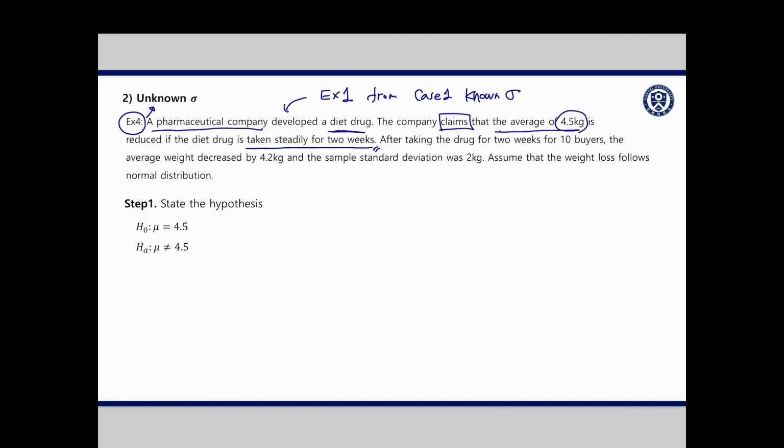In this case, the weight loss is noted as random variable X. So X follows the normal distribution with the parameter mu and unknown parameter sigma square. This is unknown.